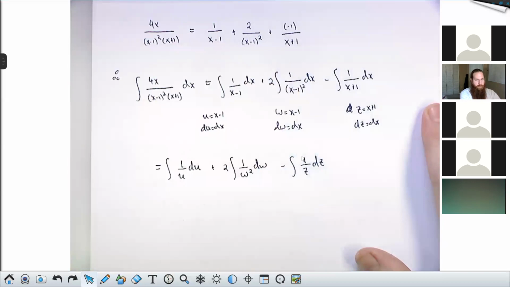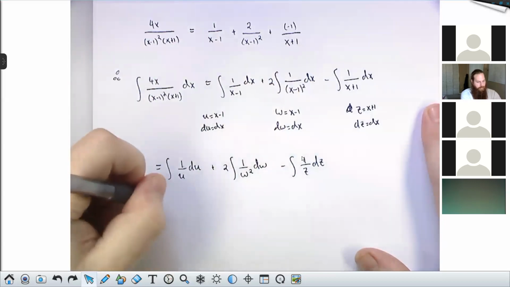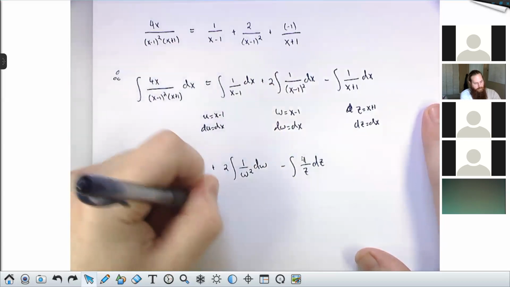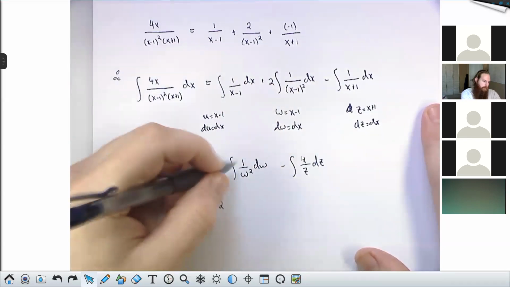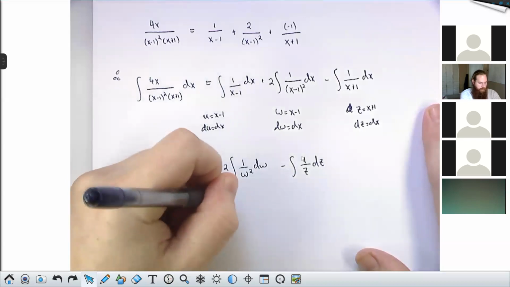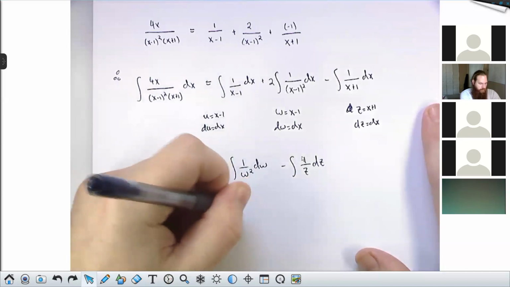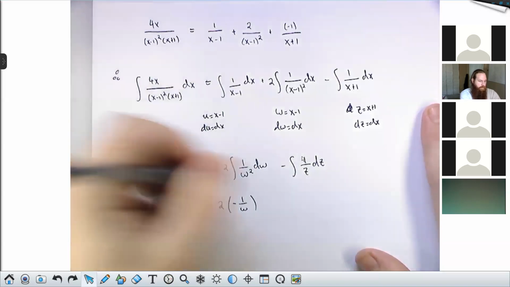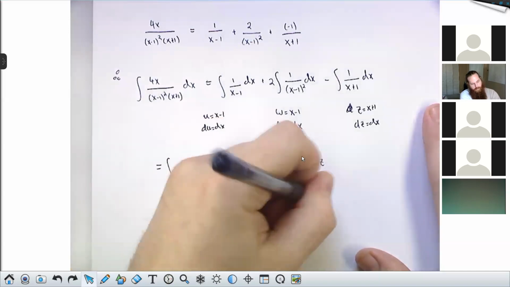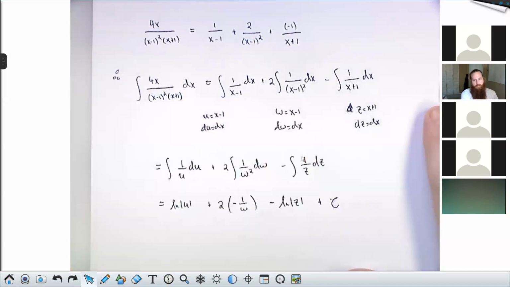The inner guy is a power rule. So this is the natural log of u plus 2 times, when I integrate w to the -2, I'll get negative w to the -1, or -1 over w, minus the natural log of z, and I'll slap on my plus c here.